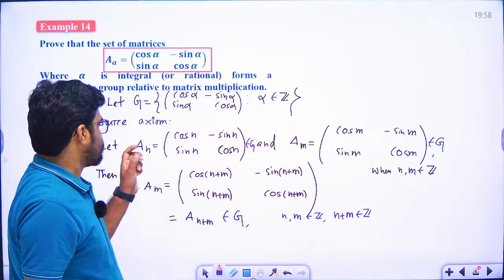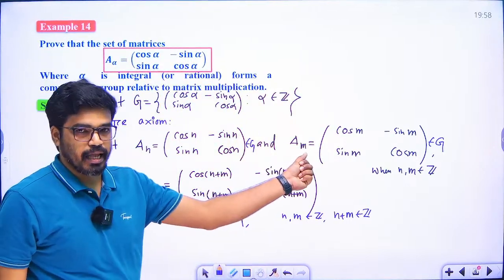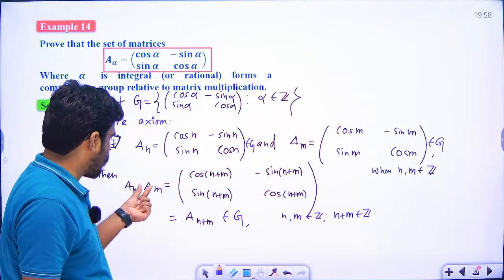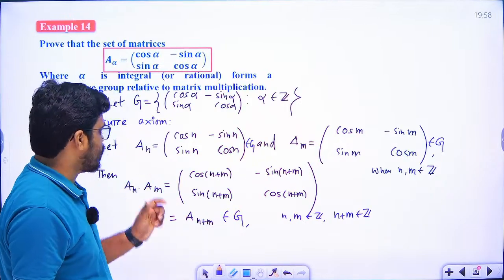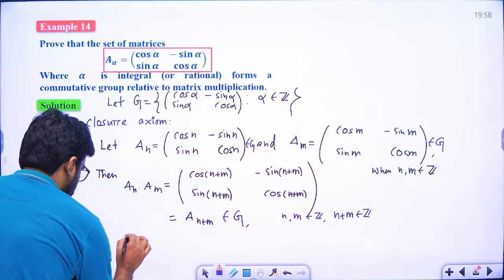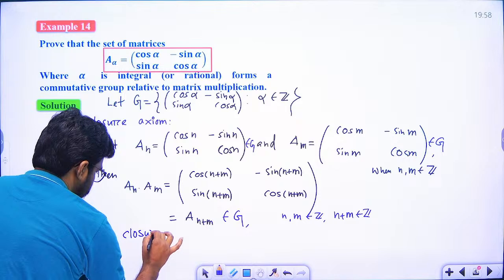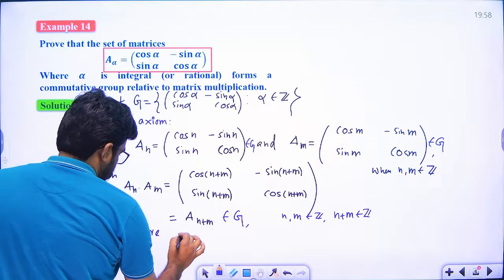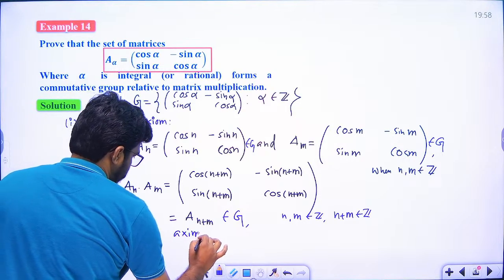So we consider two matrices A n and A m, and we see that A n dot A m belongs to G. So we conclude that the closure property is satisfied. Therefore the closure axiom holds.